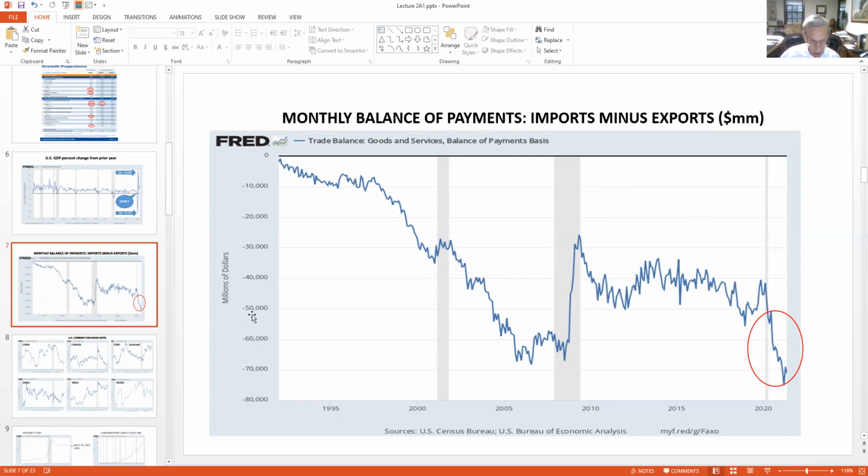And so we can look at the scale over here and see that whereas we had about a 50 billion, maybe even a $45 billion deficit, more recently, it's something more than $70 billion, and that's per month. So these are large differences.